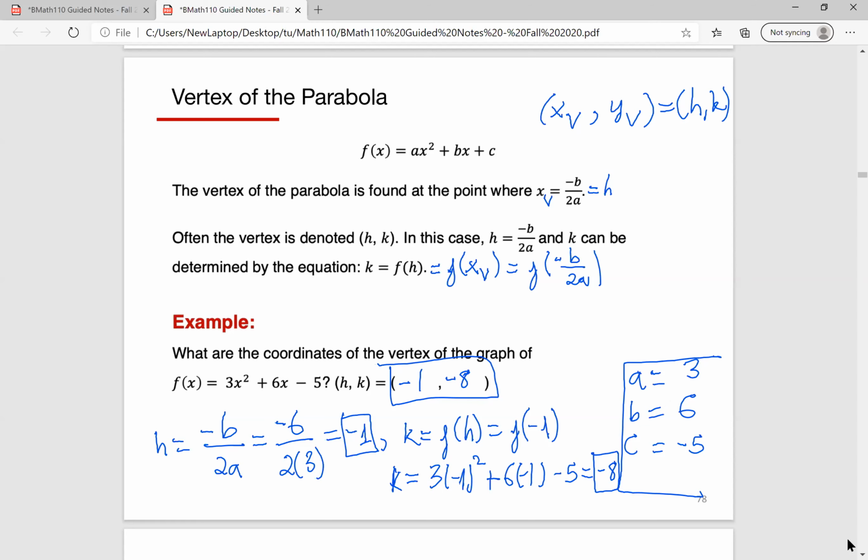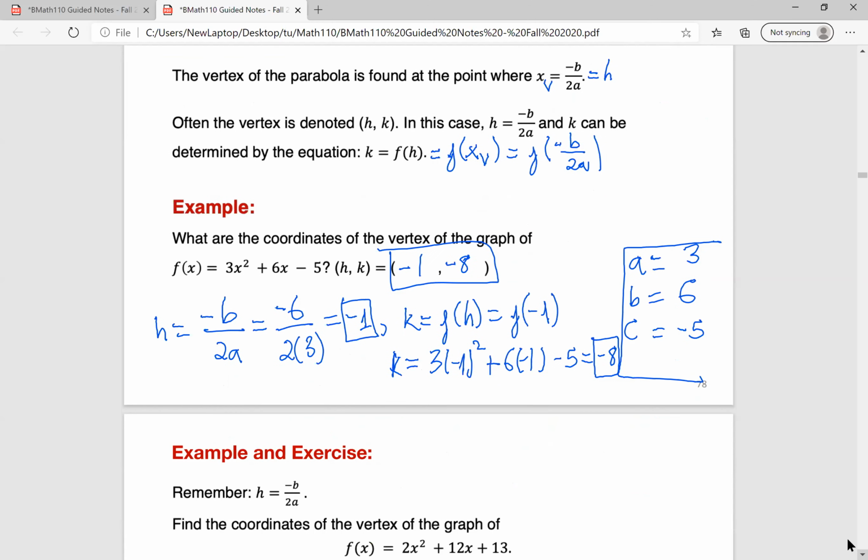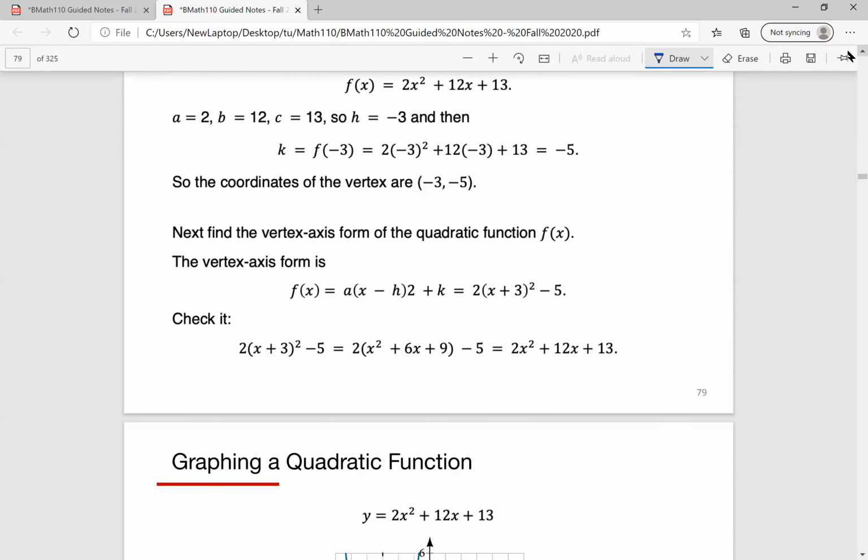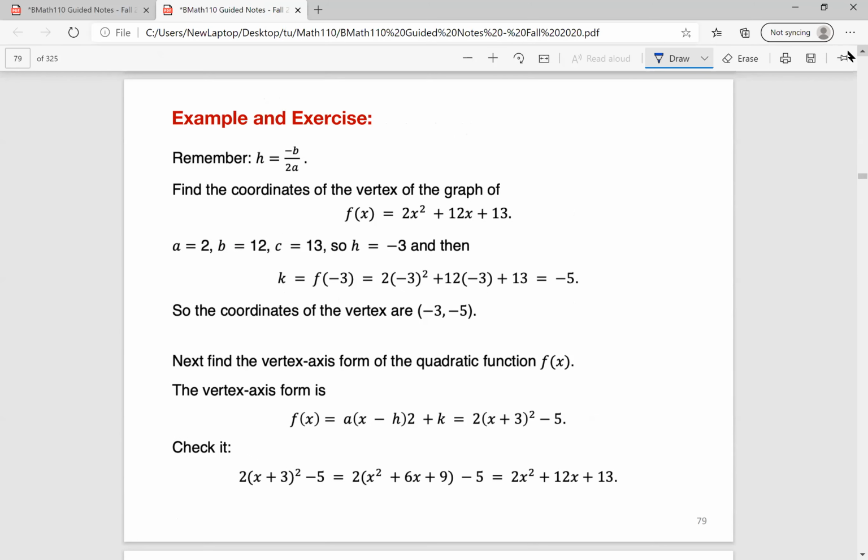So now let's move down to the next page. Okay, so here is another example. It says find the coordinates of the vertex of the graph.